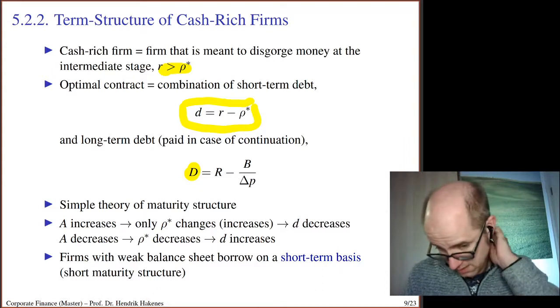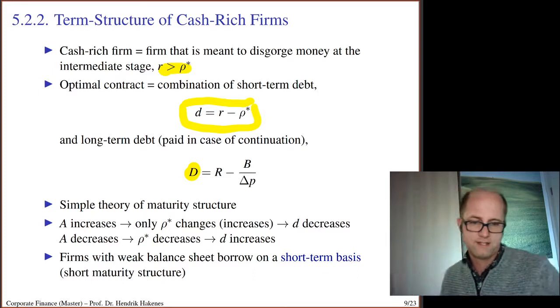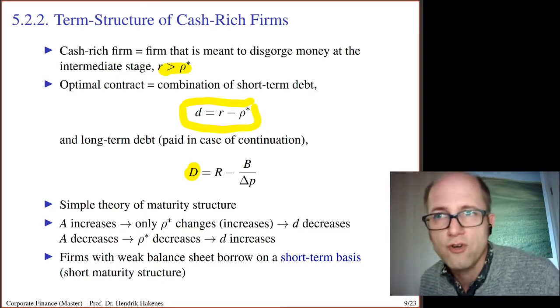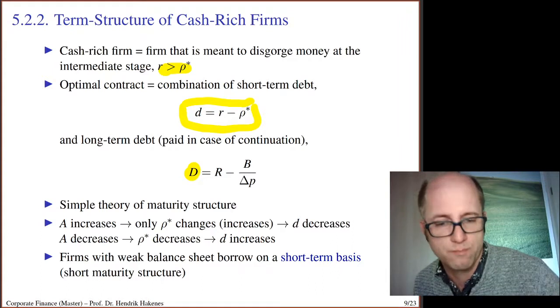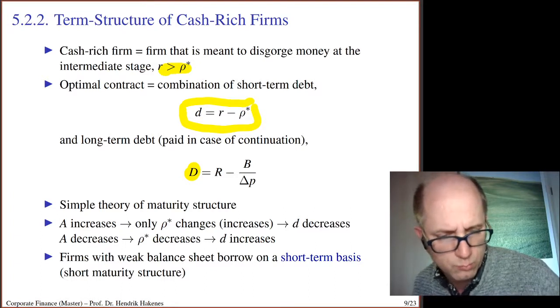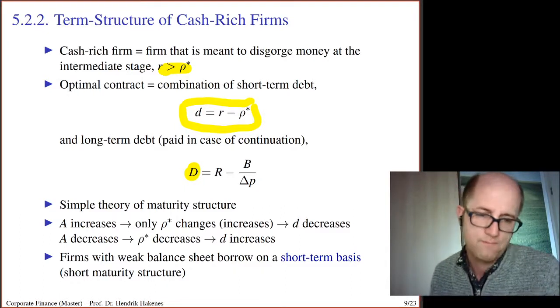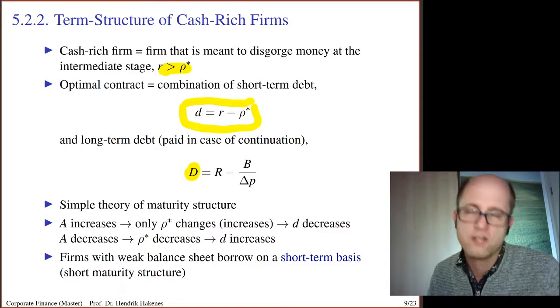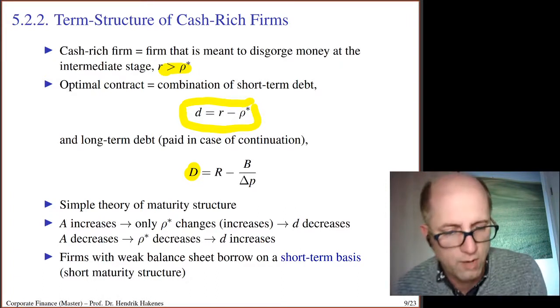For example, we can check what happens if A increases. Let's do this first just verbally, and then later also try to prove this mathematically. What happens if A increases? So that means if an entrepreneur brings more equity to the table herself, she's richer. Okay, she has more initial wealth.